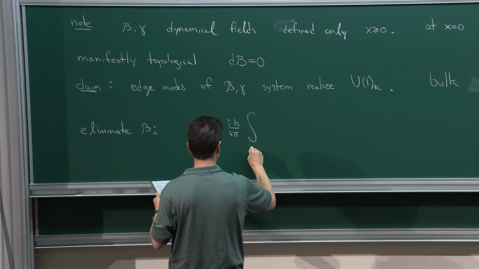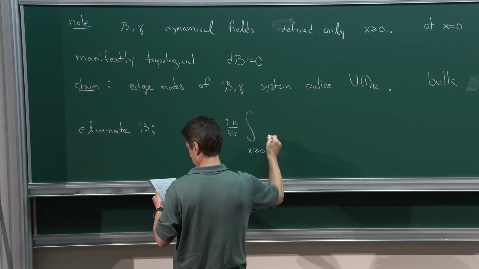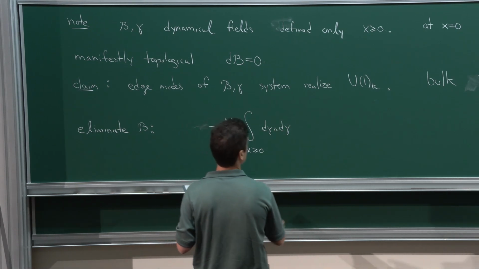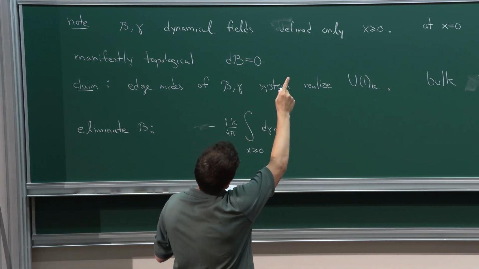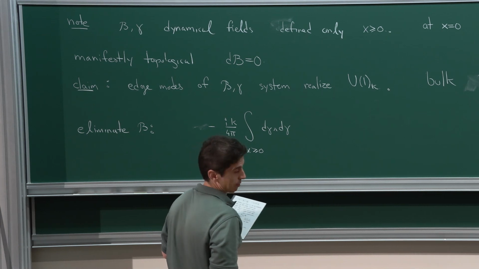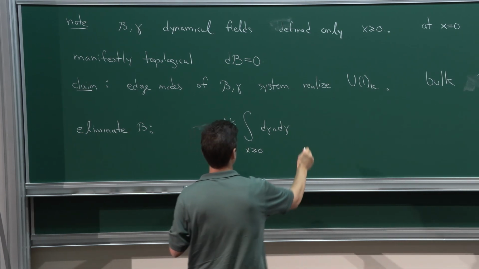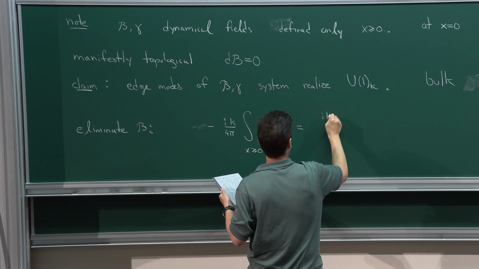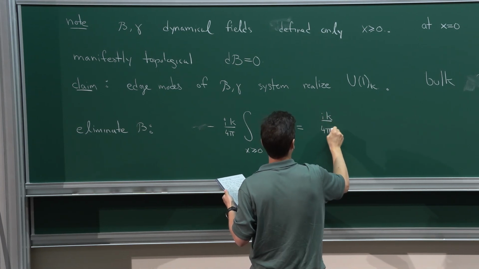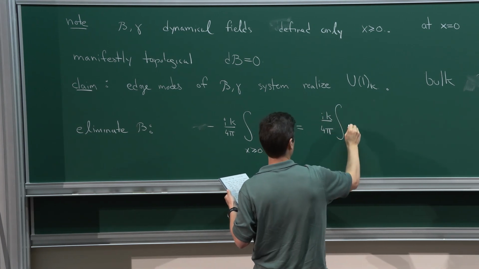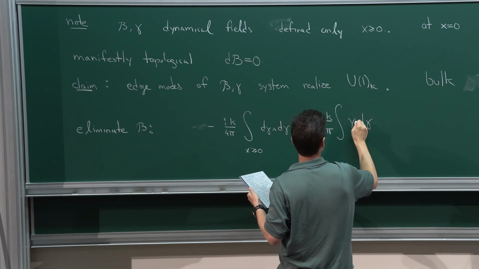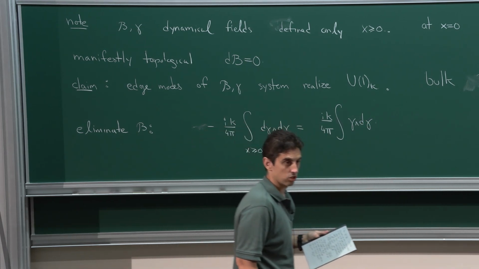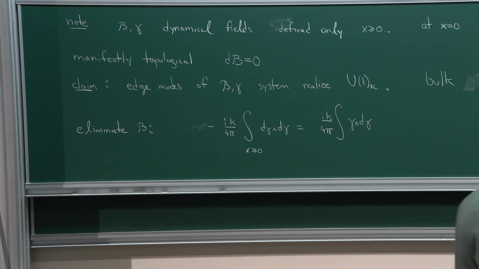Ik integral over x greater than or equal to 0 d gamma wedge d gamma. That's just from the beta beta term and the beta gamma term, which is of course ik over 4 pi integral of gamma d gamma. So that's the U1 level K Chern-Simons theory in question.